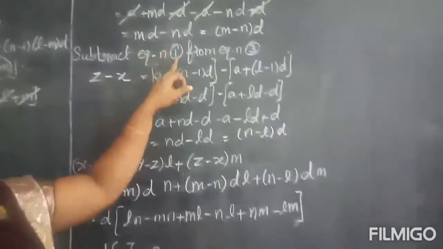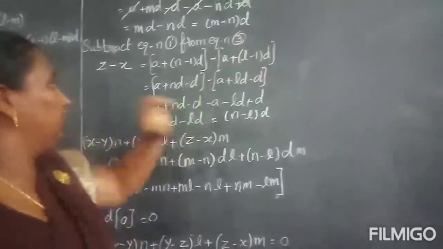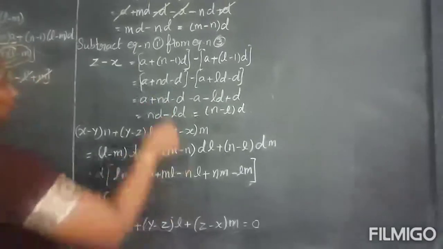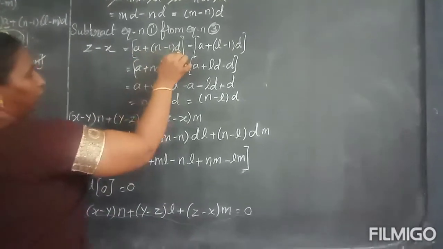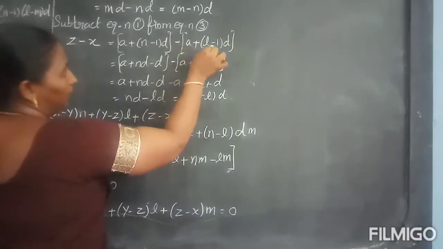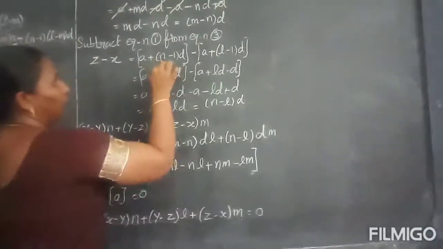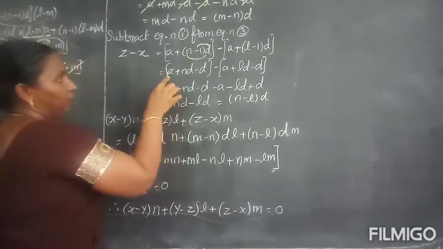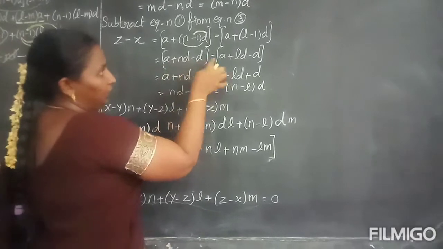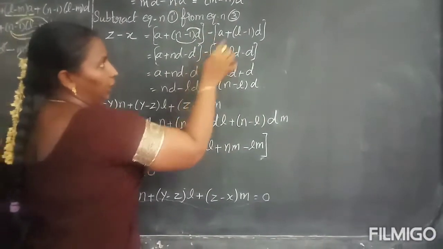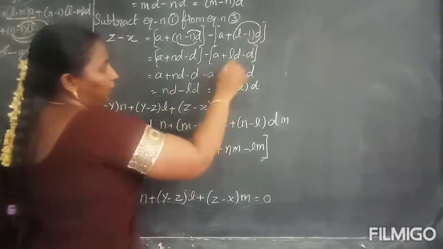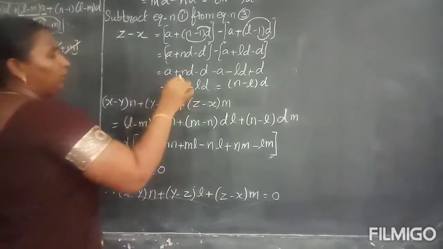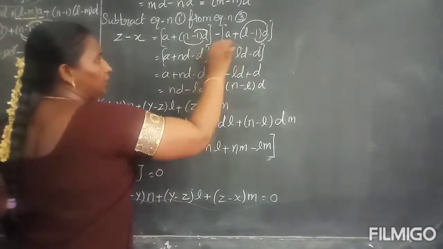So subtract equation 1 from equation 3, you will get z minus x, that is A plus (N minus 1) into D minus (A plus (L minus 1) into D). So ND minus D, you have to multiply them. A plus ND minus D, write the minus as it is, A plus LD minus D. Okay, now in next step you have to multiply with this minus.